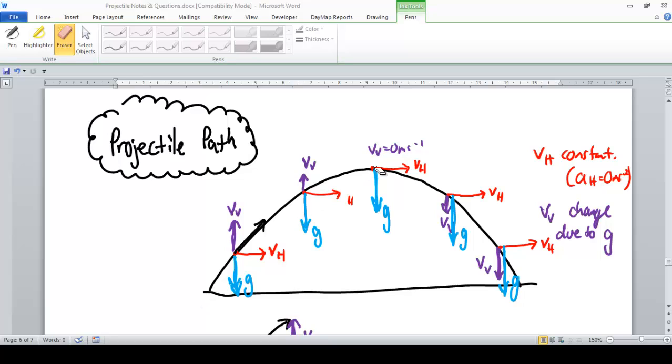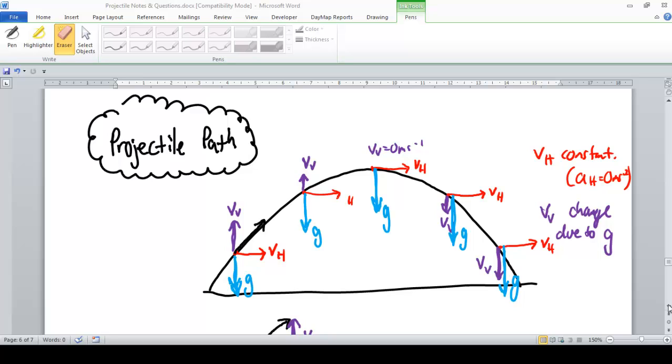The minimum velocity it's going to have is when it's at the top. The reason is that the vertical velocity is going to be minimum at that point. The horizontal velocity stays the same, no matter where it's starting or finishing. So the addition of those two vectors means that the minimum velocity is going to be at the top, and the maximum velocity is going to be at the bottom.